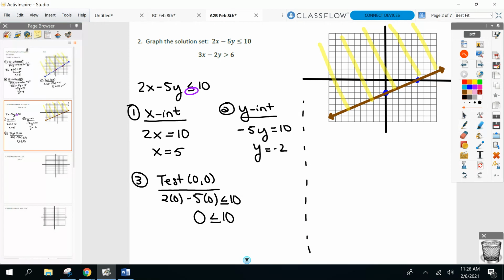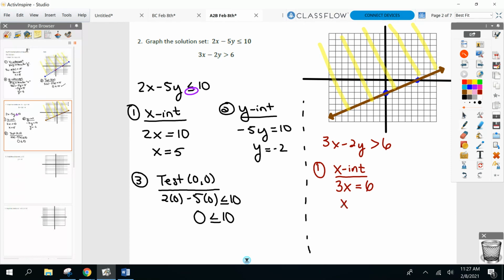All right, let's do the next line now together. 3x minus 2y is greater than 6. X-intercept, Y-intercept. Seriously, guys, stop me if you're still concerned here. Third time doing it, I pretty much just make the judgment that you guys are good and don't need my help here. You just need to check it with me. So 3x equals 6.